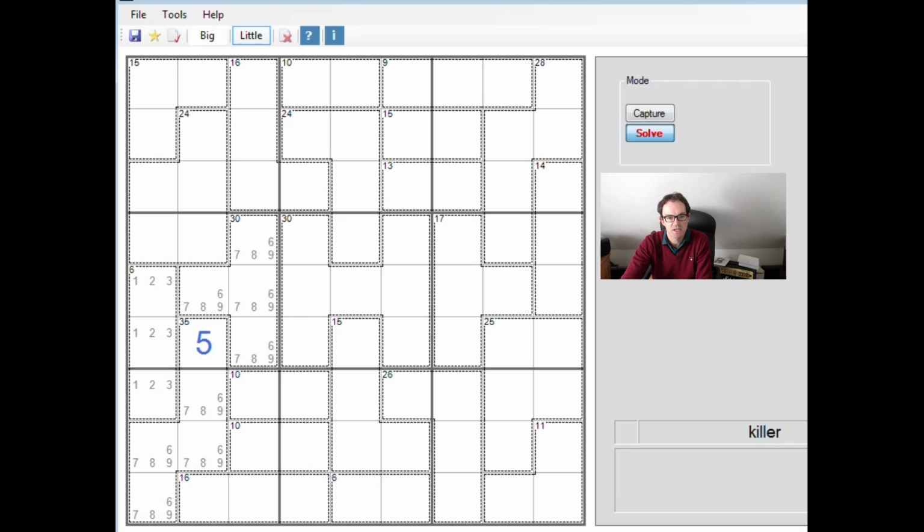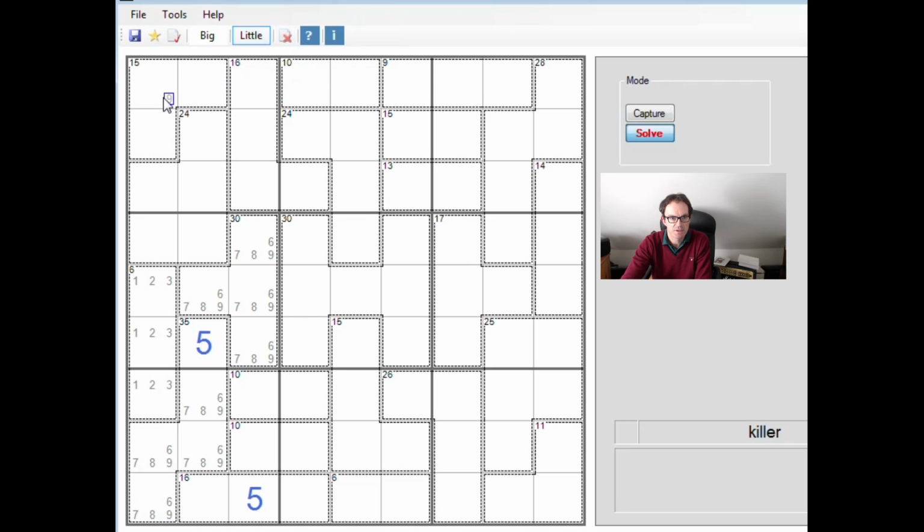But sometimes it's easy to miss that. But look at the effect of this 5 down here in this bottom 3x3 block. We can't put a 5 here because there's a 5 in the column, and we can't put a 5 in either of these 2 cells because that would lead to a repeated 5 in the 10 cages. All of which means there's only one place a 5 can go in the bottom 3x3 block now, and that's there, which is a nice spot.